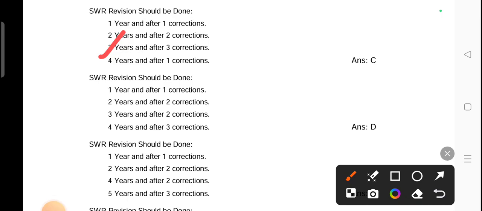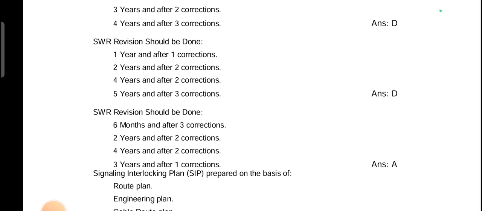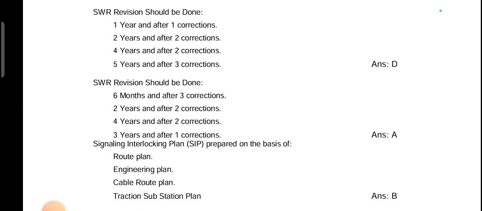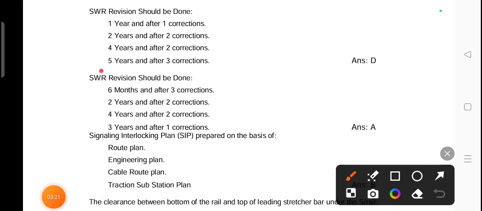Next, SWR revision should be done after 4 years and after 3 corrections. Next, SWR revision should be done after 5 years and after 3 corrections. Next, SWR revision should be done after 6 months and after 3 corrections.